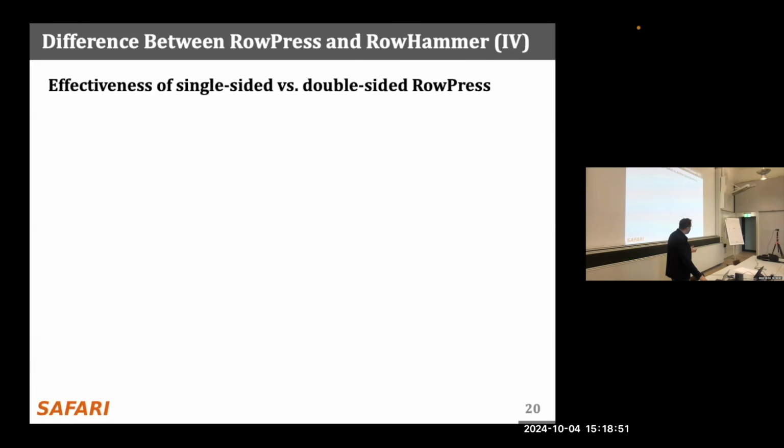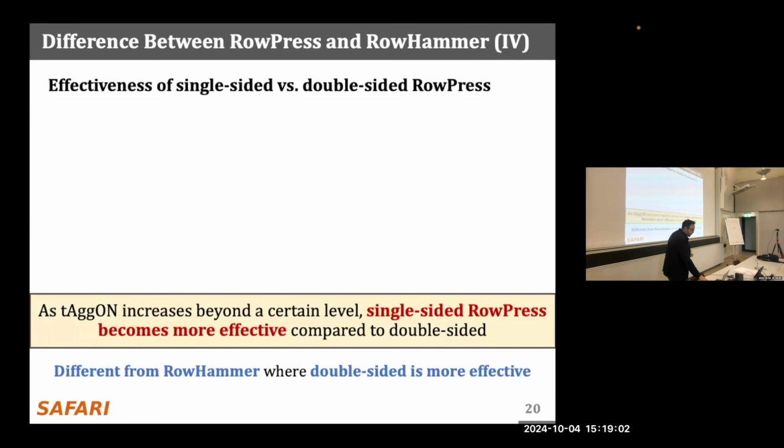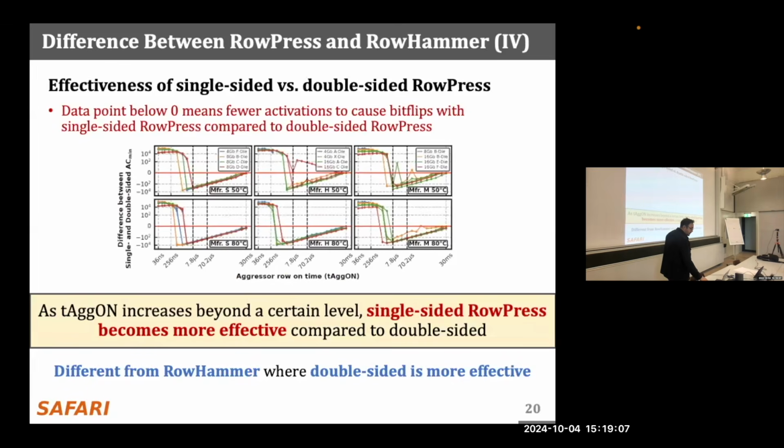The last piece is the effectiveness of the memory access pattern in terms of your hammering or pressing from one side or from two sides. The takeaway is that as tAggON increases, single-sided RowPress becomes more effective compared to double-sided. On the y-axis, it's a bit complicated, but let me walk you through that.